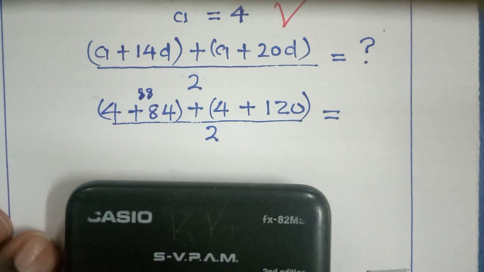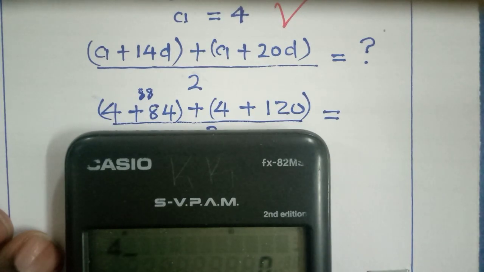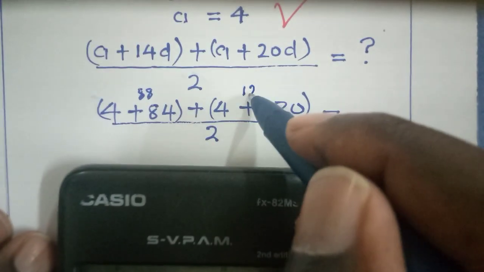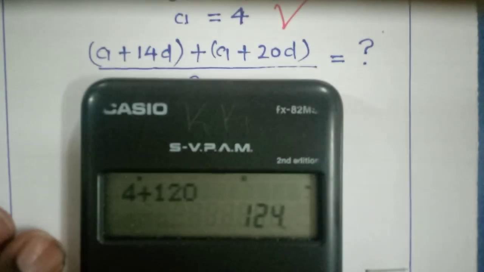And the second number is supposed to be 4 plus 120. This gives us 124. So now the average of those numbers is just adding.